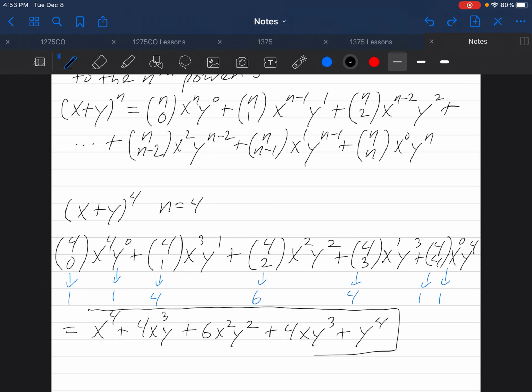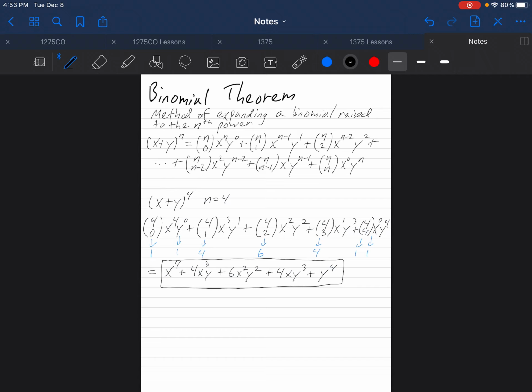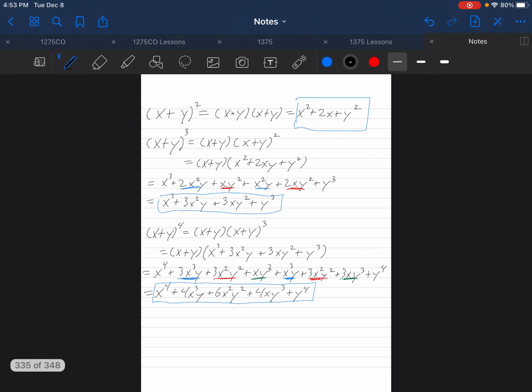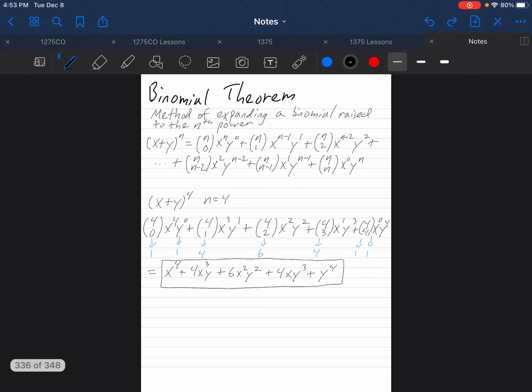So we end up with this expansion right here. Same thing that we got before, but maybe slightly faster.